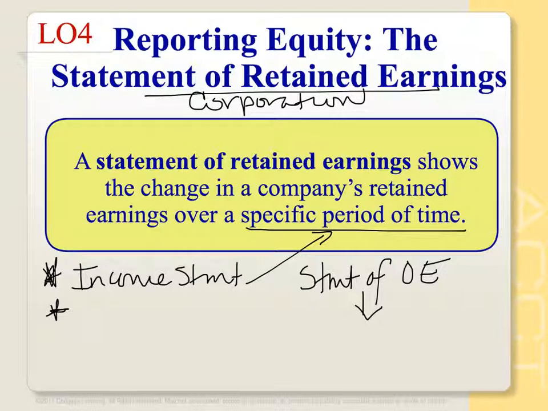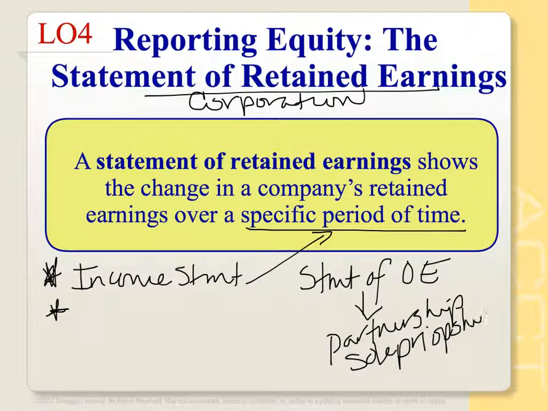The statement of owner's equity is used when we're talking about partnerships and something we call sole proprietorships, or the mom and pop stores. We prepare this versus this. Today we'll be talking about the statement of retained earnings and how we prepare it for a corporation.